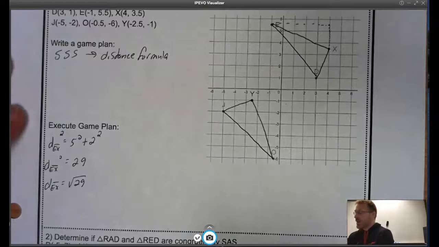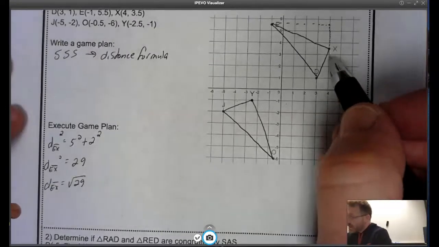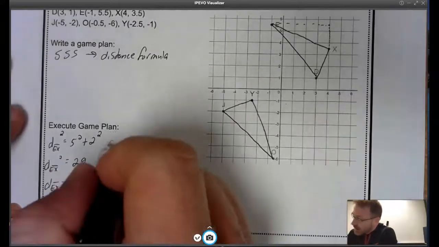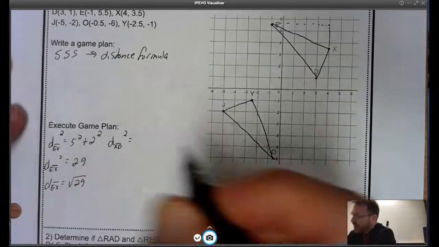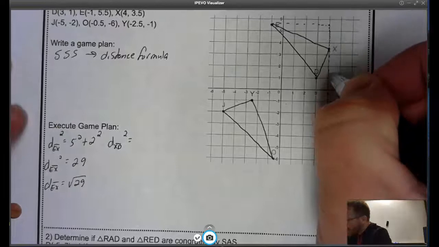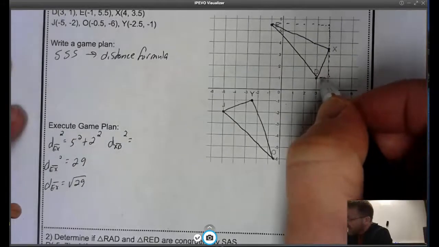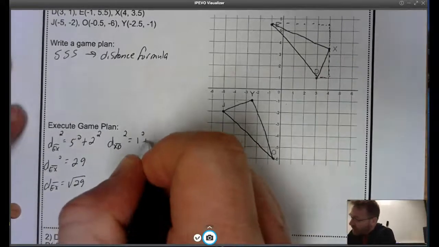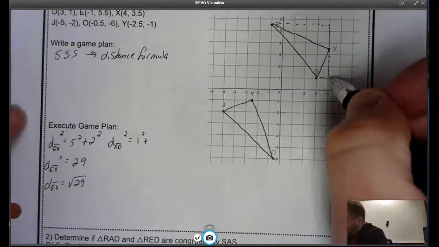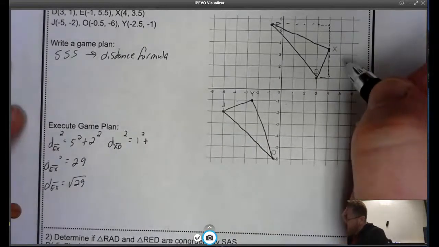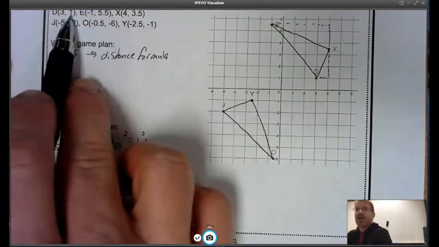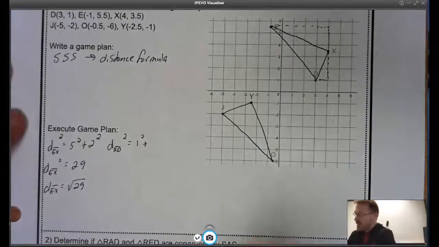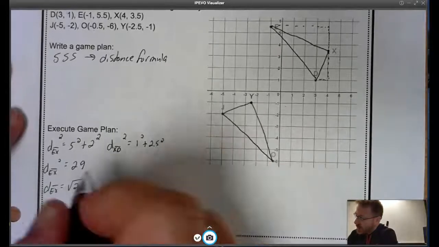Now when we go through and look at this next one, I'm going to go with the distance of XD squared would equal, and I'm going to just draw in my right triangle here, and you can see that we only have a distance of 1 there, so 1 squared plus, and then I'm going to go up 1, 2, it looks like 2.5. When I go from X to D, 3.5 to 1, that definitely is 2.5 above, so that would be 2.5 squared.